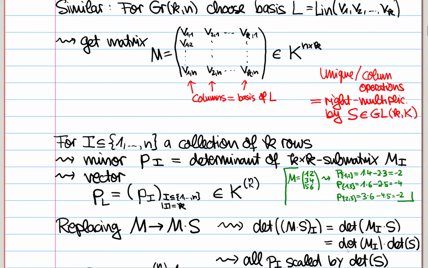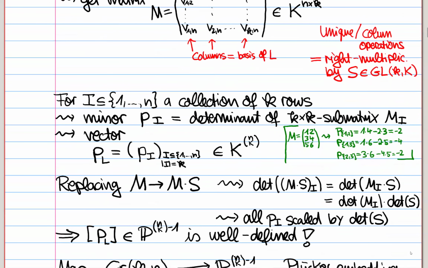This determinant of M_I, this is the old coordinate, p_I. So what we see is that this p_I in the new matrix is just scaled by some scalar, the determinant of S. In other words, all of these p_I are just scaled by the same number. And this means that if you consider this now as a vector inside this projective space, then it is well-defined.